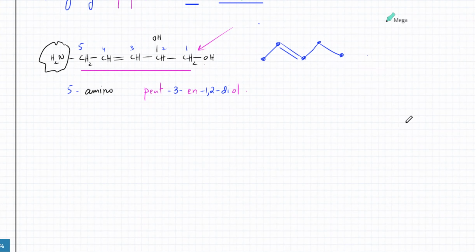There's an OH attached on the first one, and an OH attached on the second one, and there's an amine attached at carbon number 5. So that's the skeletal formula of the molecule.